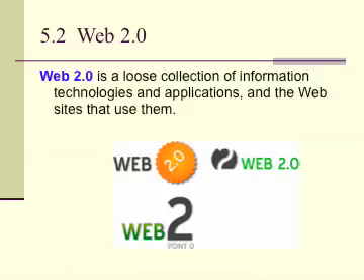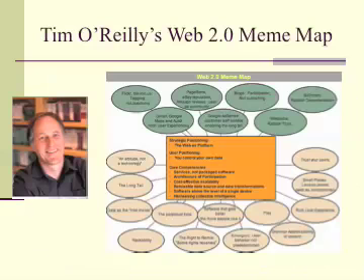Web 2.0 is an interesting discussion, and it's going to be interesting to see where it actually takes us over the next few years. It's not just information being passed from the server to the client anymore. Now we're interacting with the server and we're creating our own content.